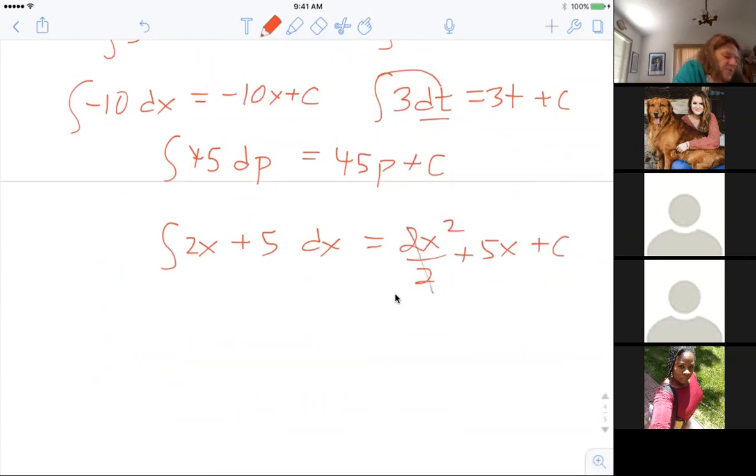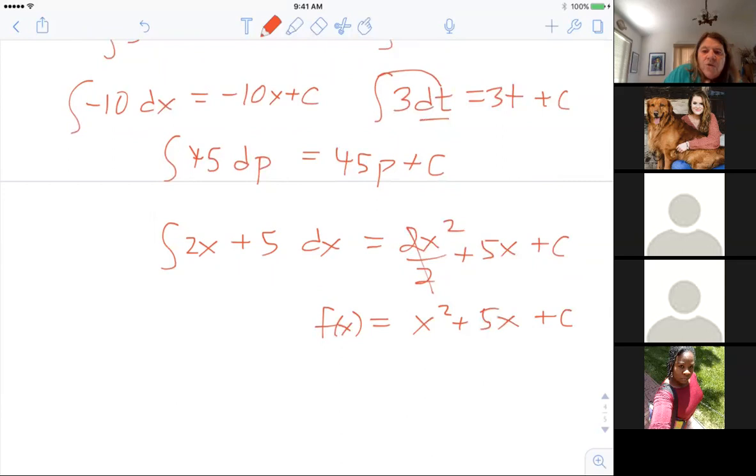So there's the function that it originally came from: x squared plus 5x. You can always check this by taking the derivative and making sure that's what you get. It's a reverse process, but now that you have the answer, you can go back and see, yeah, that's right, because the derivative of x squared plus 5x plus c is 2x plus 5.